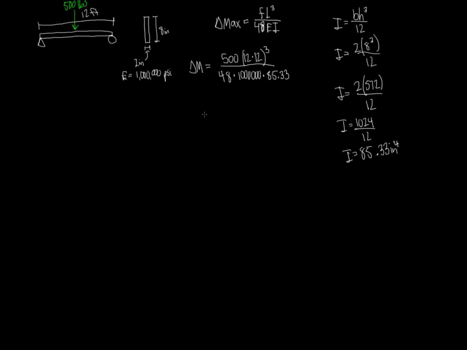So when we do that, we're going to do 12 times 12, and we're going to get delta M equals 500 times 144 cubed over. And I'm just going to do the denominator right now so I don't have to write all that again.